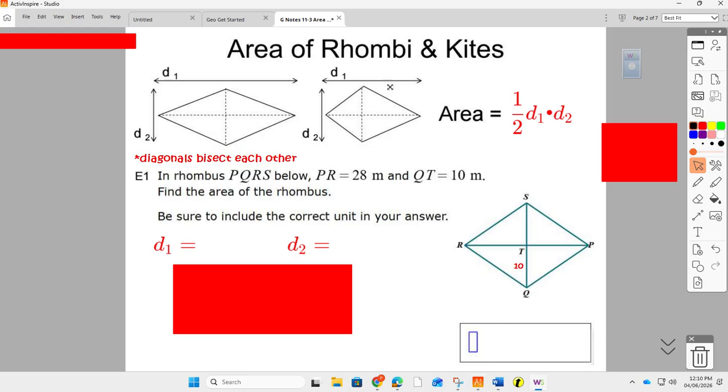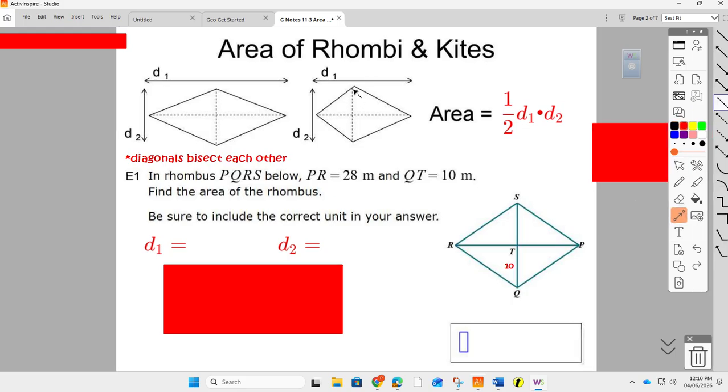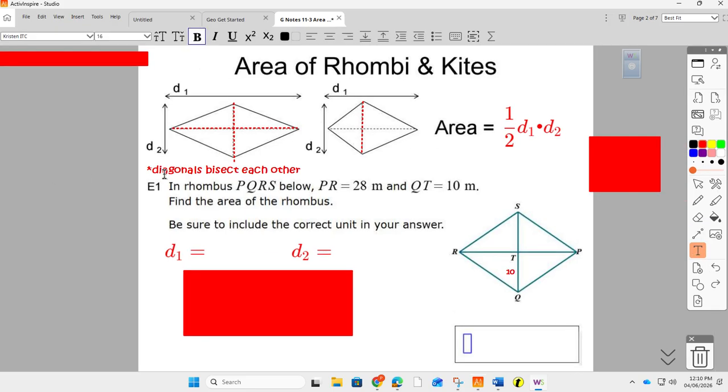Oh, but just on the kite, it's just this one. Make sure we know that. On the kite, this one is bisected, but this one is not. The rhombus diagonals both bisect one another. Okay? So let's be more specific. Rhombus diagonals bisect each other.